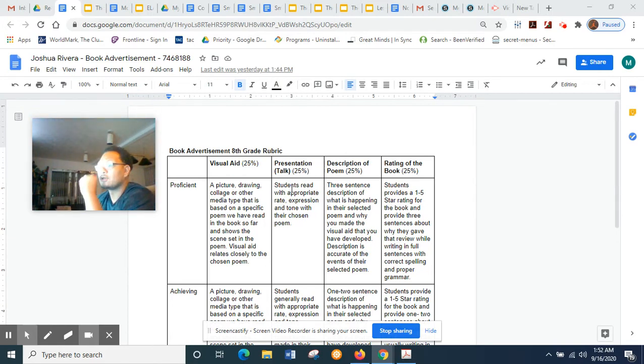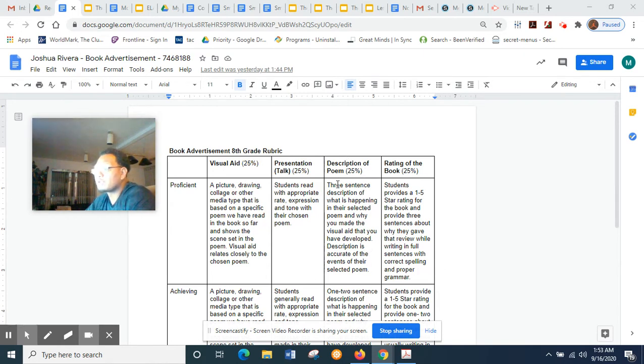Presentation: you're going to read the poem out loud. So you need to have a good rate, and you need to rehearse the poem. Read the poem a couple of times, get familiar with the words so you don't get jumbled up and caught up when you're doing your read out loud.